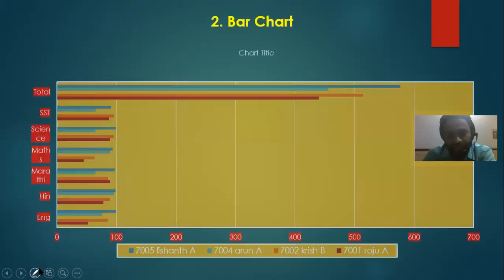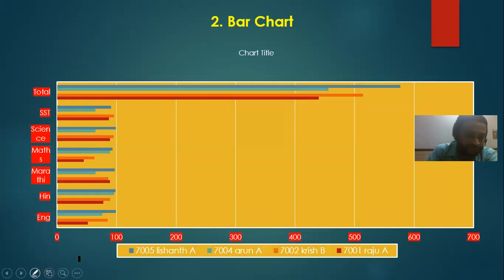The next one is bar chart. You can observe here the bar chart. It is completely the reverse of a column chart. If you observe, the x-axis is called a value axis here and the y-axis is called a category axis.